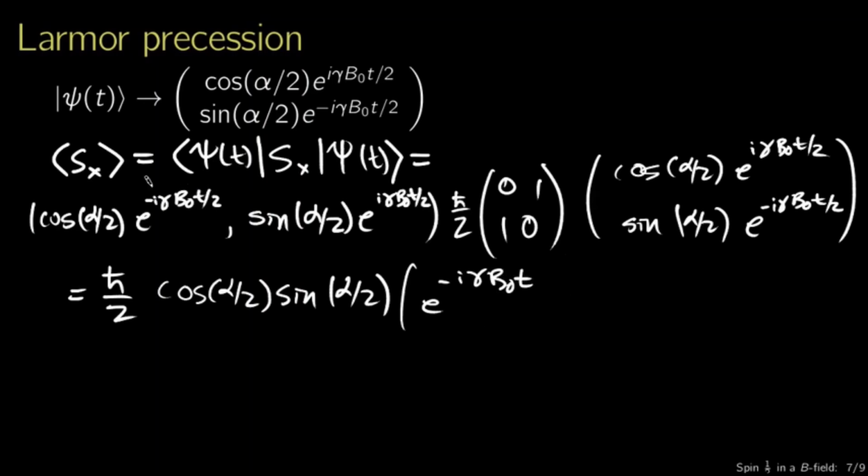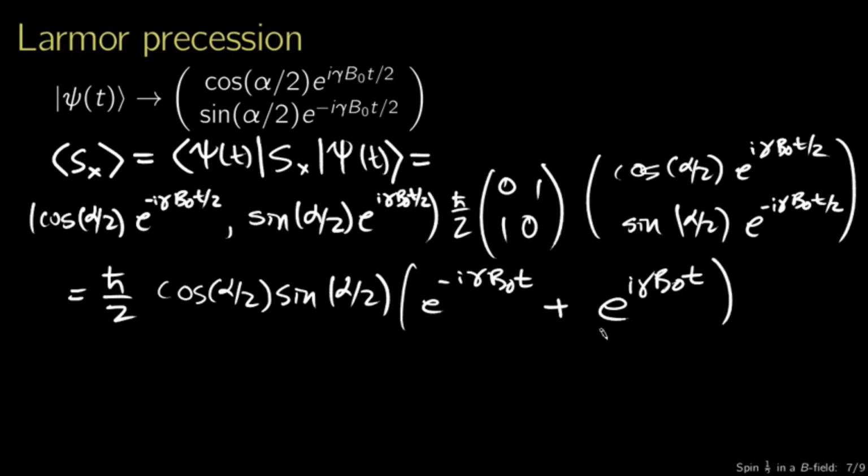Since we have e to the i gamma b0 t over 2 multiplied by e to the minus i gamma b0 t over 2, the 2's essentially cancel out when we add the exponents together. The other term is going to come in with a plus sign, e to the i gamma b0 t.